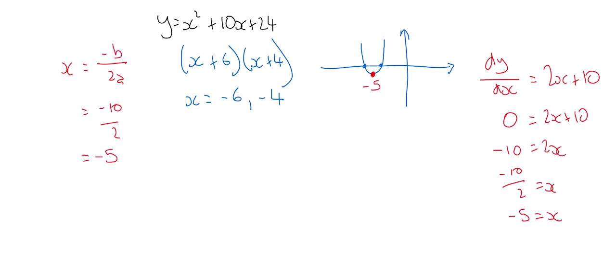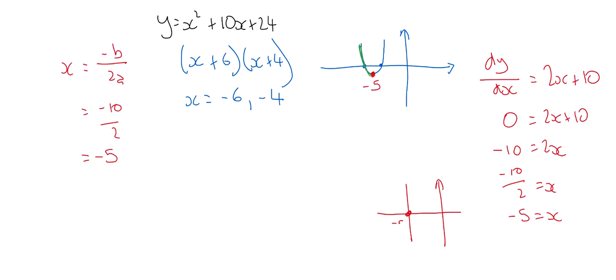Now I want to know when this graph is increasing and when it is decreasing. Think about the gradient. Actually, I'm going to use this bit first and draw this little graph. If we have another graph and here x is -5.